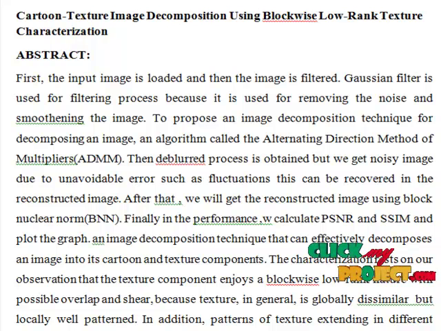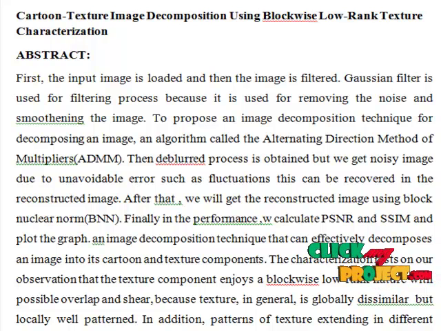Then the cartoon component is the piecewise smooth part having the global structural information of the image. The texture component is the locally patterned oscillating part. The decomposition problem is solved by an algorithm called the alternating direction method of multipliers.